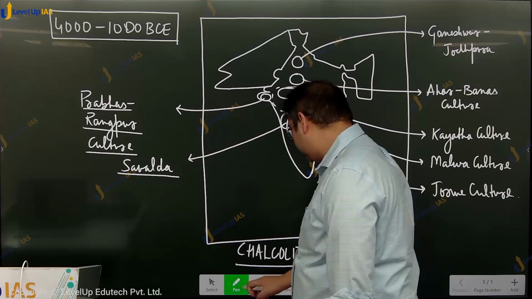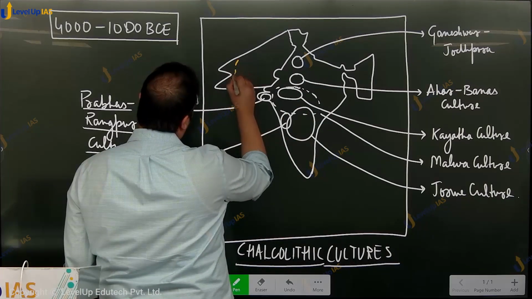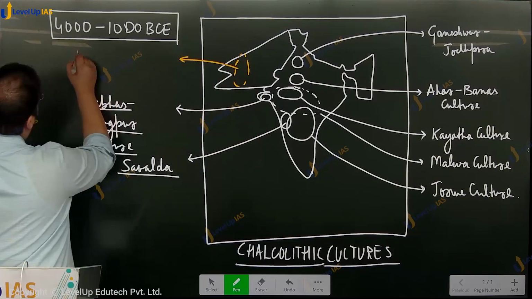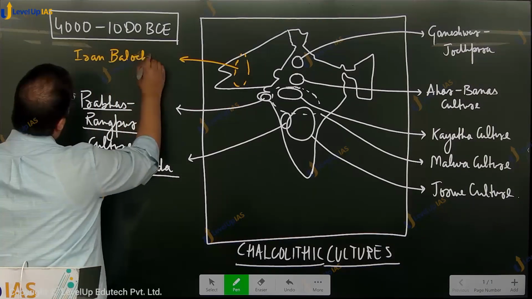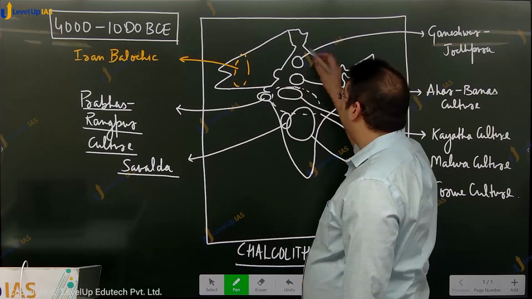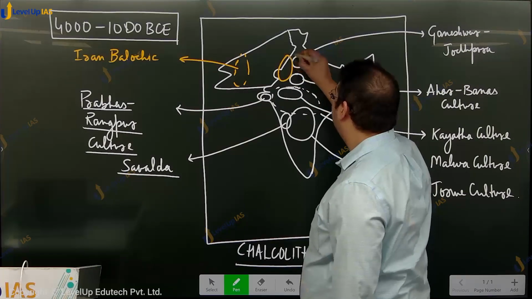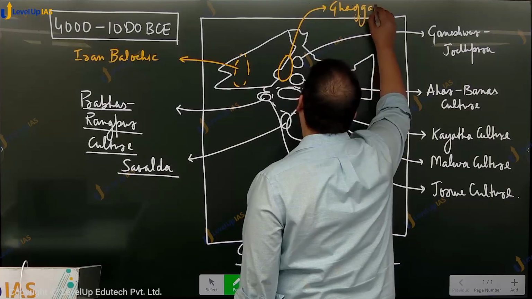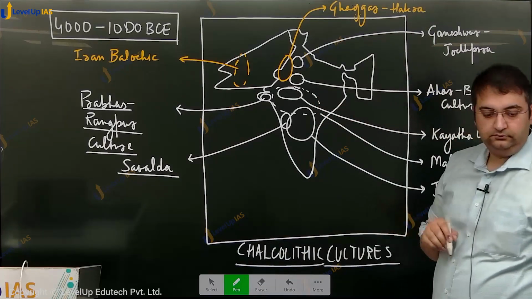These include the Iran-Balochi culture, the Khaggar-Akra culture, etc.